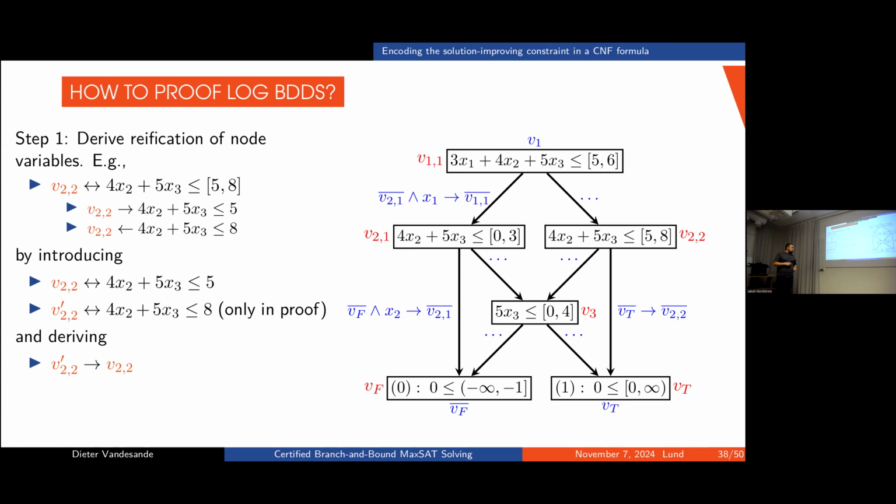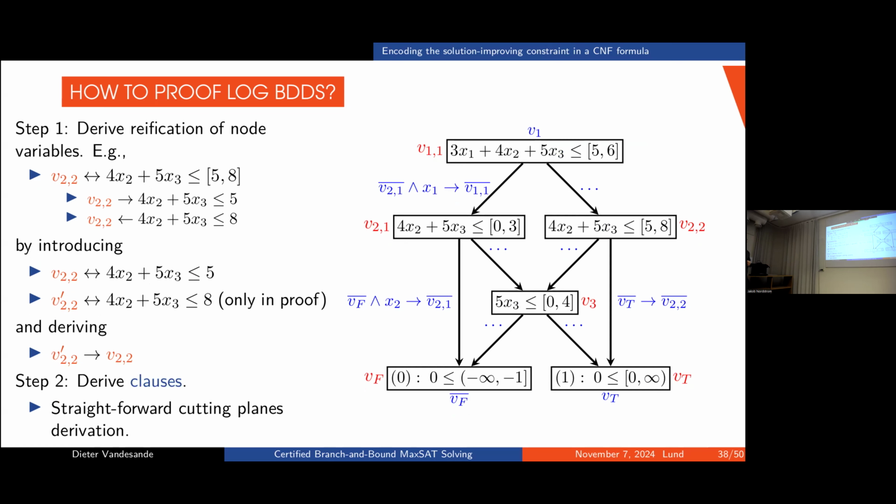And then if we can prove that V prime implies V, then we can prove that this implies V prime and V prime implies V, so this implies V. That's how we will prove this. And then in the second step, we will derive the clauses. I will not go into detail about that because that's actually quite a straightforward cutting planes derivation using the definition that we will be deriving.